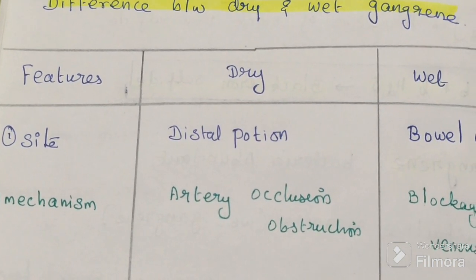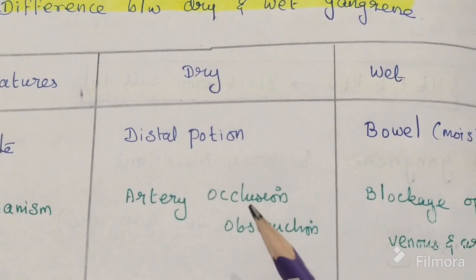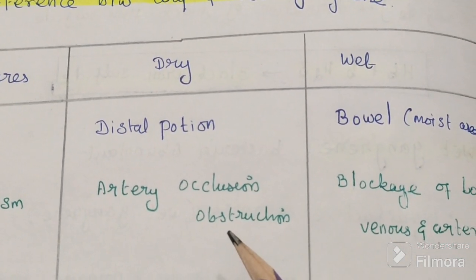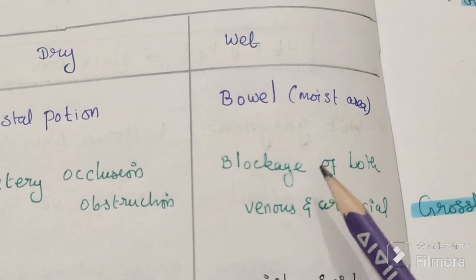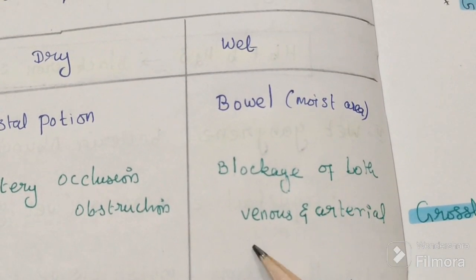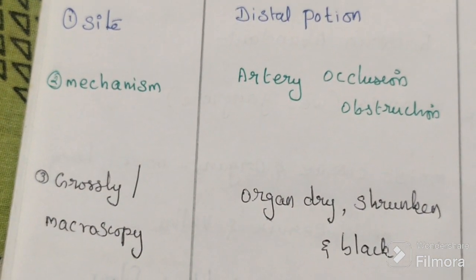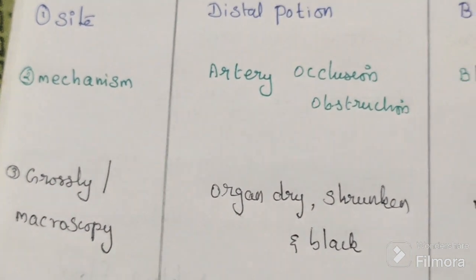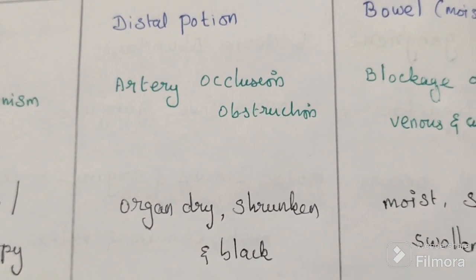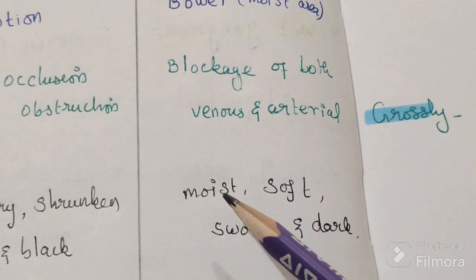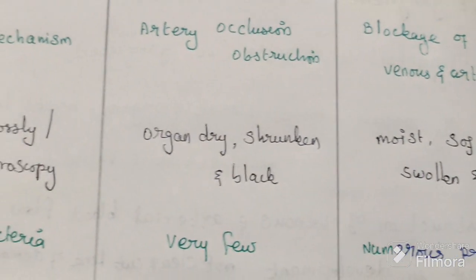Mechanism: in dry gangrene, arterial occlusion; here, blockage of both venous and arterial flow. Grossly, dry gangrene is dry, shrunken and black; here it is moist, soft, swollen and dark.